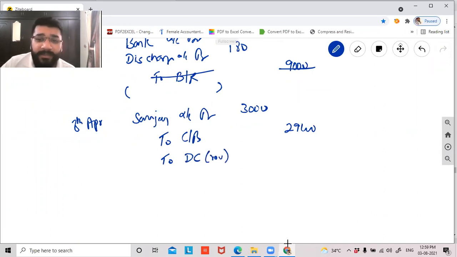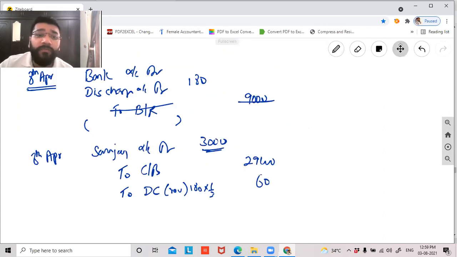Reversal of discounting charges, which is how much? Which is 60, guys. 180 into 1 by 3. You can show the workings here, guys. So Sanjay's account is being settled to the tune of 3,000 rupees.